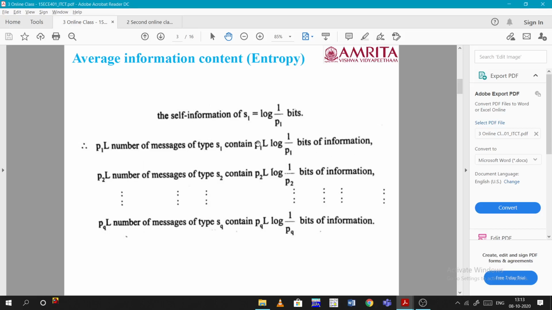You got it, right? Generally we use only the self information: S1 is equal to log 1 by P1, and so on, SQ is equal to log 1 by PQ.